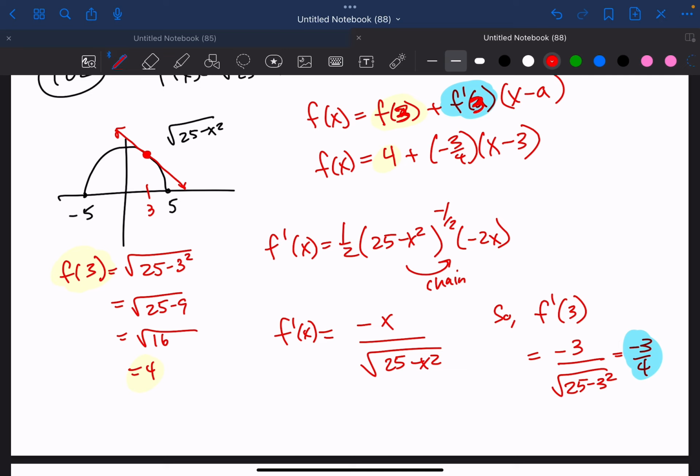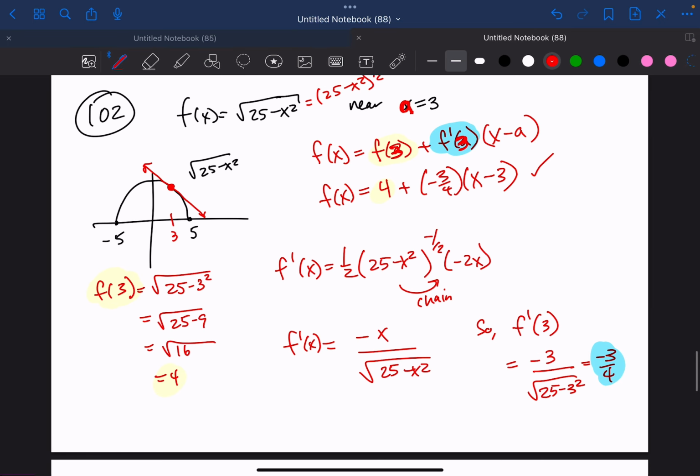So that's what that thing's going to turn out to be. And there you go. That is our linear approximation. So it's just 4 minus 3/4 times x minus 3. That's our linear approximation.